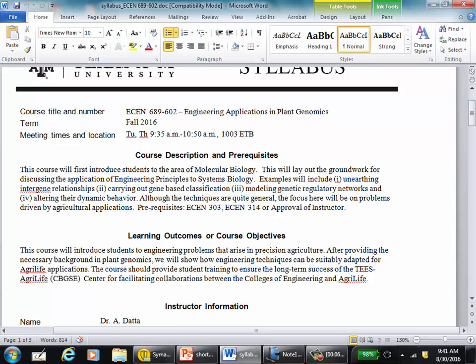Because if it is going to be interdisciplinary research, you have to get out of your comfort zone. You cannot expect people in the College of Agriculture to want to collaborate with us, but we need students who understand what problems they are facing. So both parties have to get a little bit out of their comfort zone, and the main aim of this course is to help you do that.